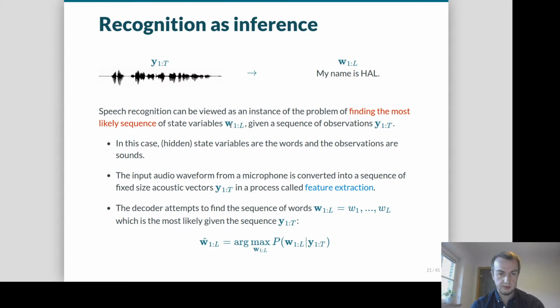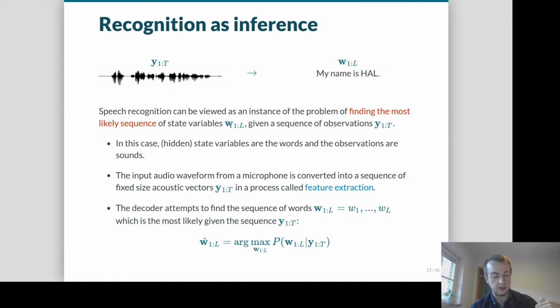So you can view this problem basically as some kind of Markov process, in which you would have hidden variables or states, the x variables that we considered when we talked about that in lecture 6, and this would correspond to words. But the issue is that we don't directly observe these words.